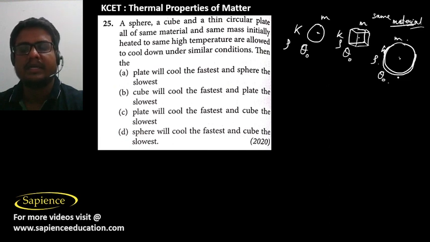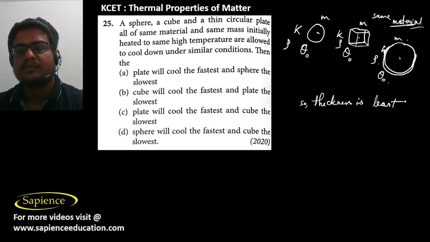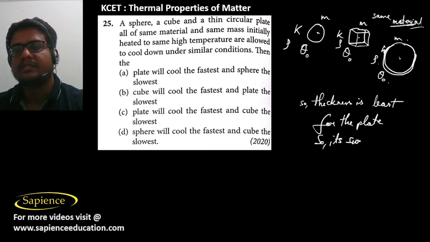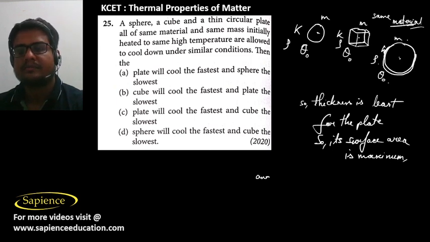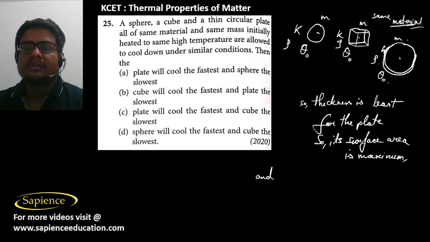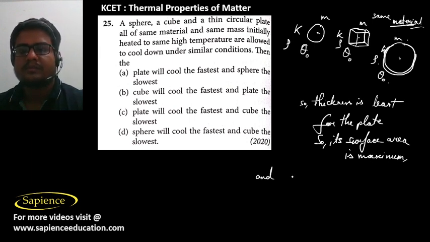For the thin circular plate, the exposed area is maximum, since it is very thin, so the thickness is the least for the circular plate, so its surface area is maximum.